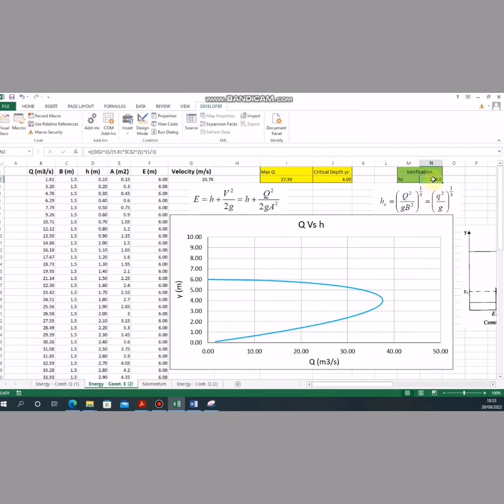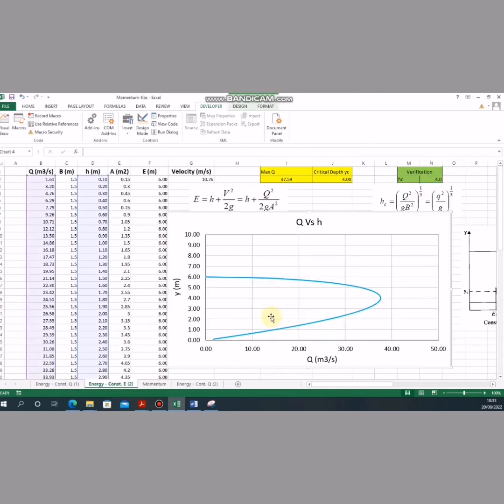This can be calculated by using this equation, where Q is nothing but the maximum discharge, and B is constant, g is constant, and you can work out the HC. Looking at the curve, after this point the velocity and the discharge decrease.